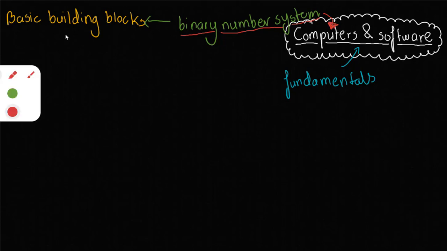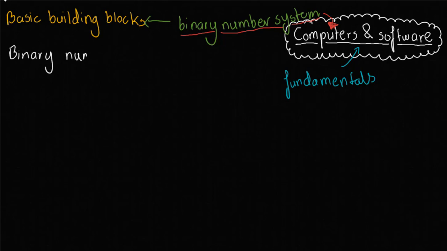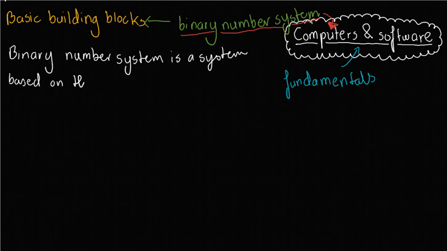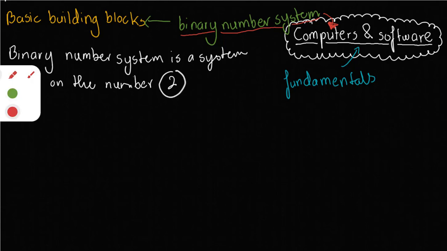Now before we talk about the main reason why it is the basic building block of all computers, let's talk about what it is. The binary number system is a system based on the number 2. And when I say 2, I don't mean the discrete value 2.